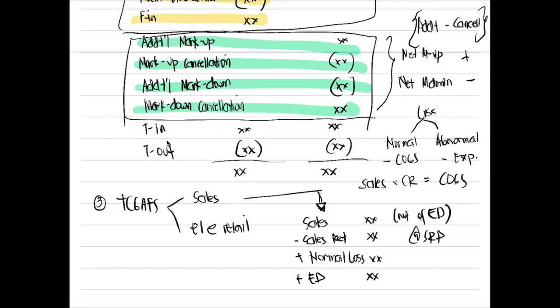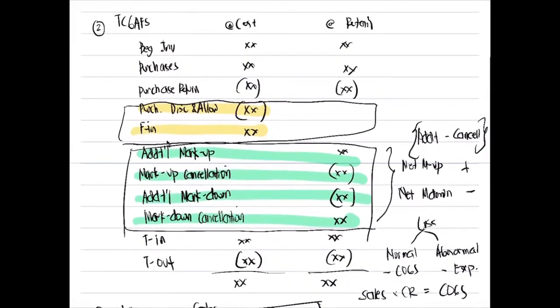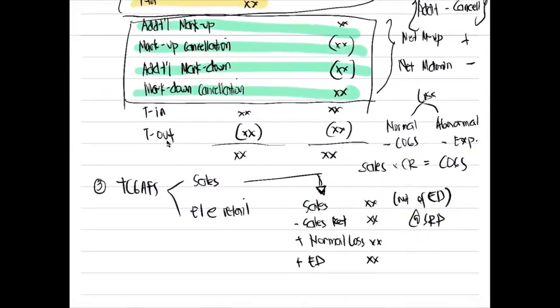Sir, how about a discount to some persons? The discount to all persons is already known as your markdown. For example, you go to SM and it says 50% sale, 30% sale. That is applicable to all, right? We call that markdown. So that is already the amount of the discount applicable to all, and it was already reflected in our formula. Another reason why a sales discount is not deducted from your sales is that it was already in your markdown or your markup.